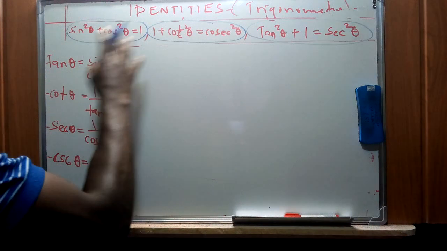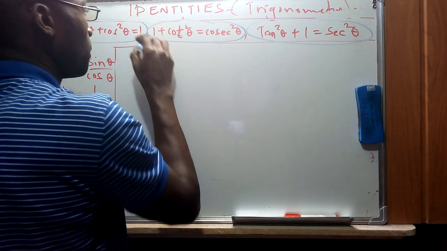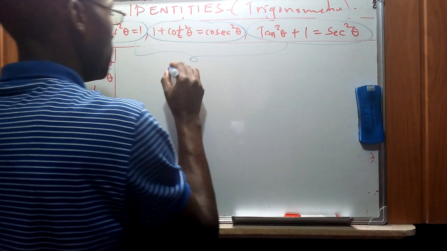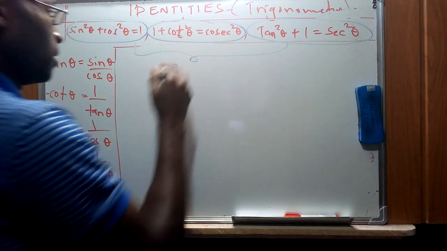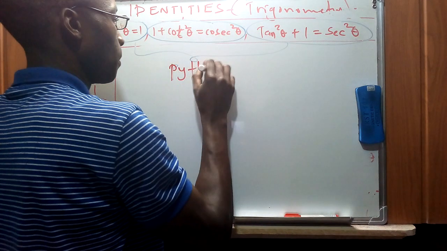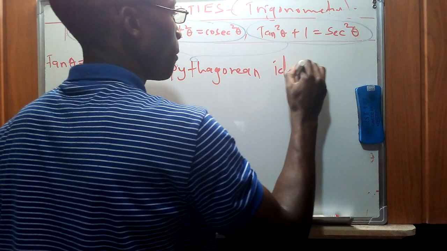The expressions 1, 2, 3 represent what we call the Pythagorean identities.